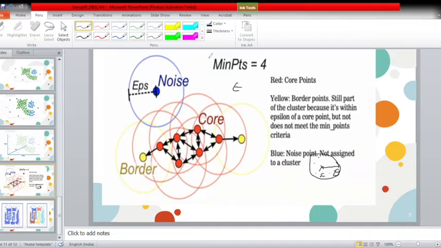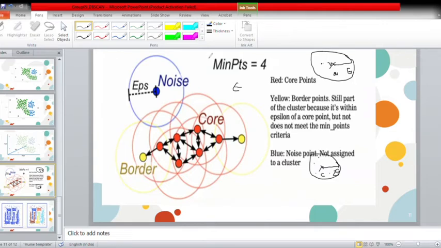The next component: let us consider a point A. It has a radius of epsilon, and let us assume the circular boundary across it. This is the radius.